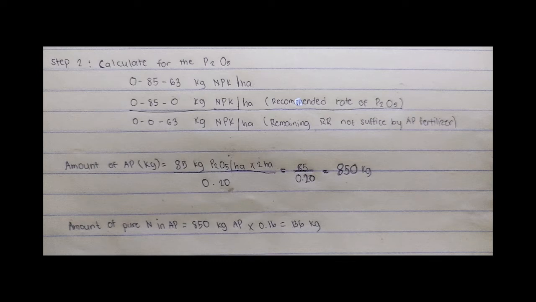Since the recommended rate for phosphate is 85 kg phosphate per hectare, I will divide the pure phosphate needed in a hectare by 0.20, because the ammonium phosphate contains 20% phosphate, which means I need to apply 850 kg of ammonium phosphate for 2 hectares to suffice the 85 kg phosphate requirement per hectare.